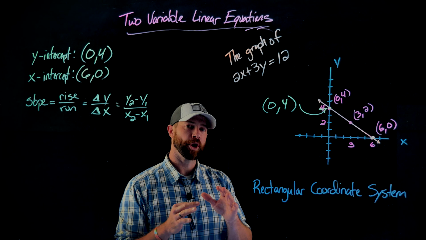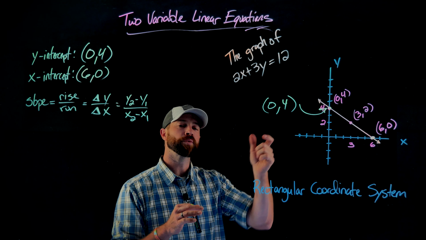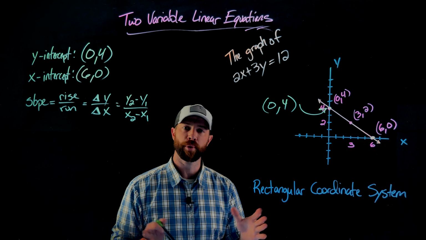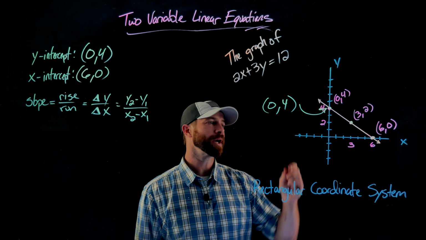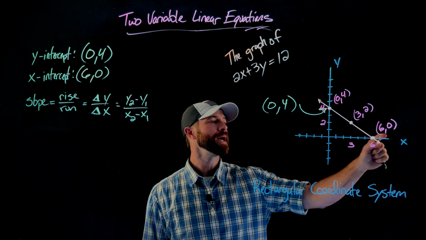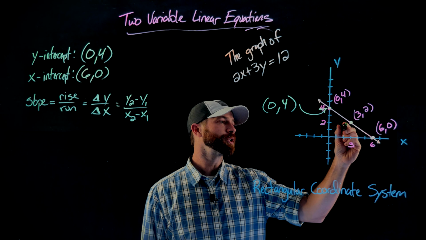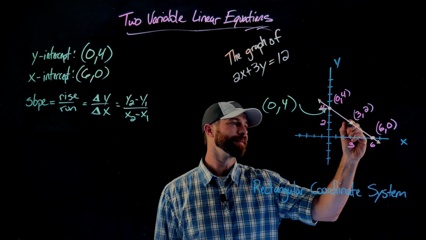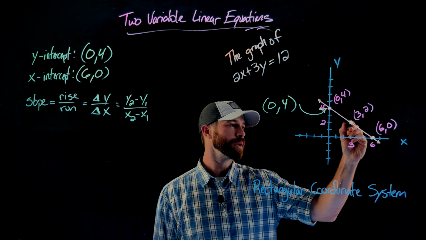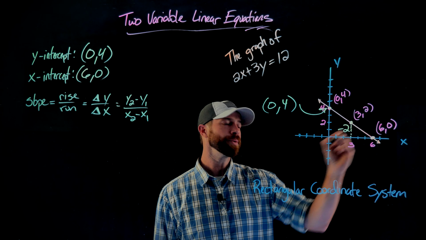To identify the slope, we take any 2 points from our equation, and we identify the rise and the run between the points. In this case, I will look at the slope between the solutions of 3, 2 and 6, 0. To find the rise, I will just go vertically straight down as far as I need to meet this point. In this case, I'm going down 2.